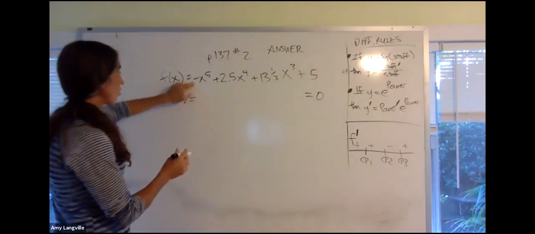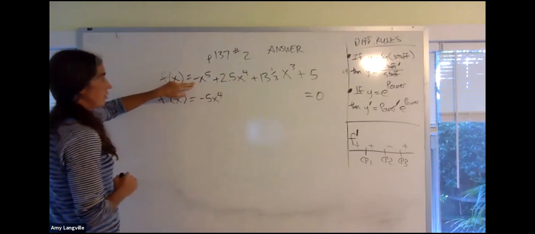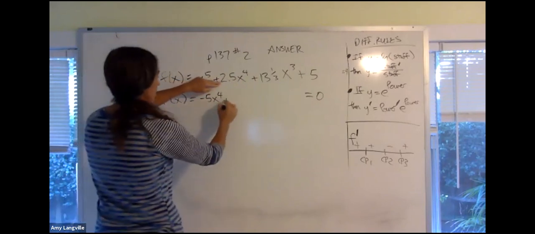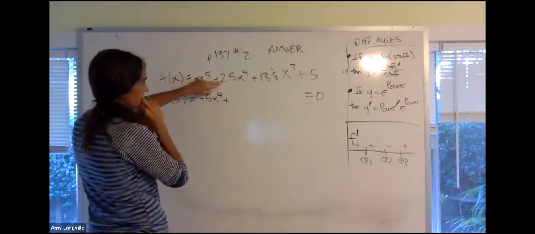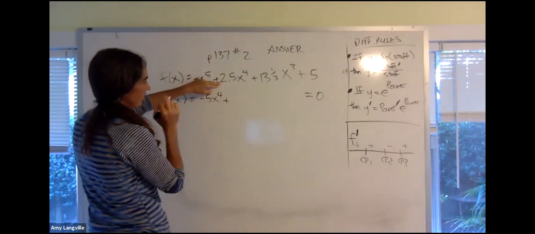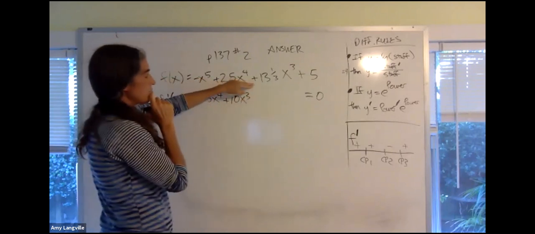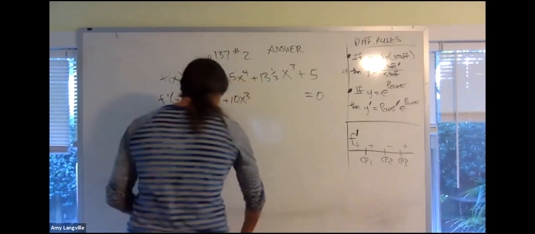Okay, so minus 5x to the 4th will be the first term. Plus, let's see, 2.5 times 4 is what, 10? 10x to the 3rd. Let's see, maybe I should write that as a fraction.